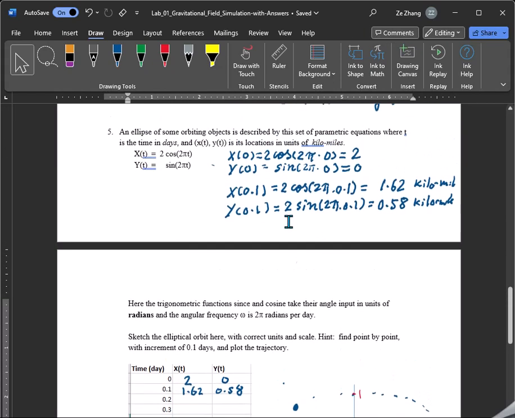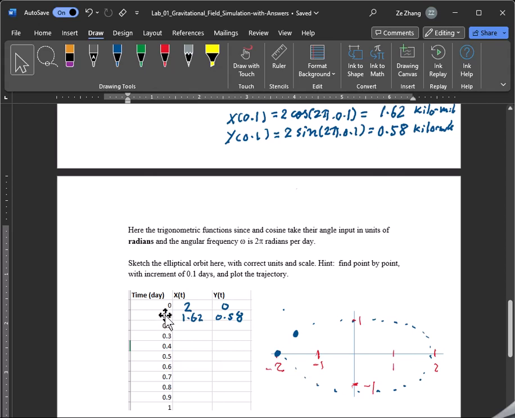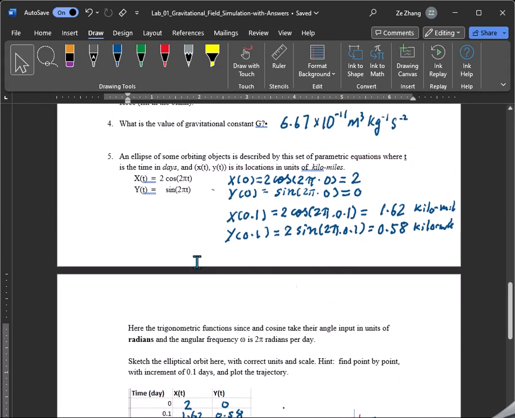Then you do one more point, with t equal 0.1, which means 10% of a day. The x coordinate is 2 cosine of 2 pi times 0.1. Once again, everything is in radians, and the resulting x location is 1.62.